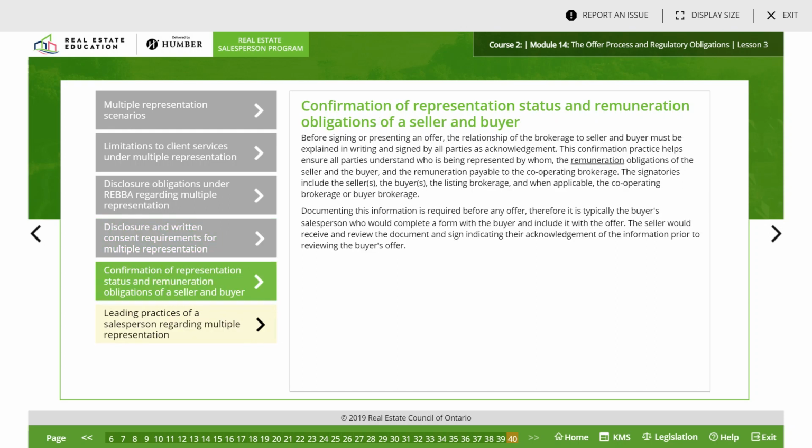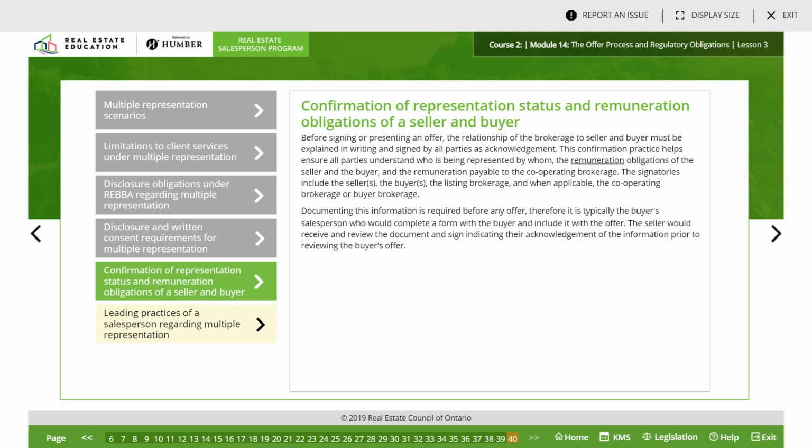Confirmation of representation status and remuneration obligations of a seller and buyer. Before signing or presenting an offer, the relationship of the brokerage to seller and buyer must be explained in writing and signed by all parties as acknowledgement.